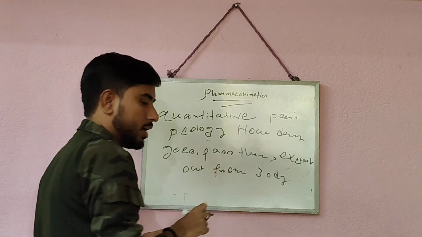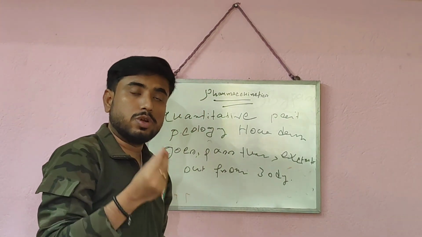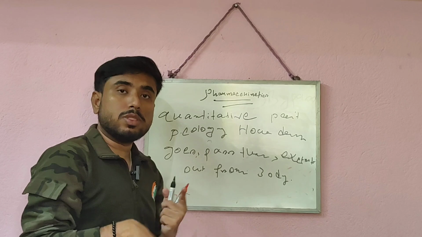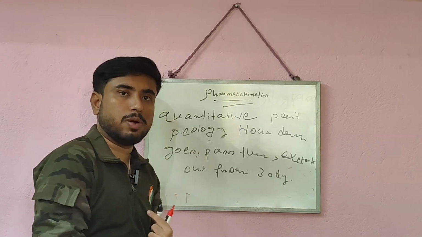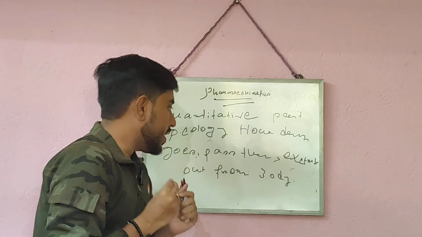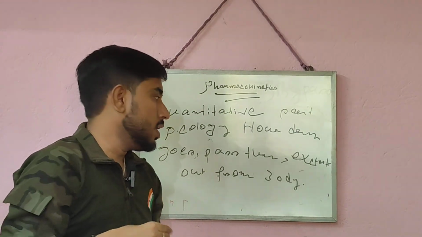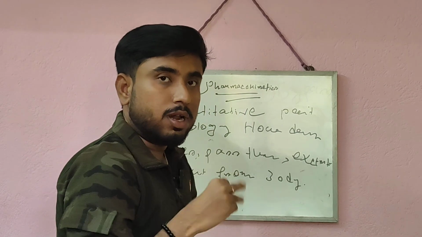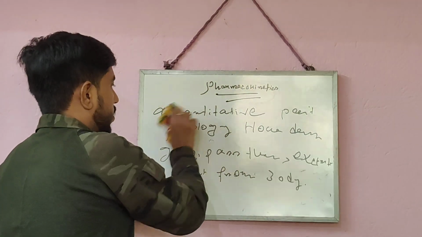So we study how the drug enters, how the drug is distributed in our body, and how the drug goes through different kinds of chemical reactions in our body, which we call metabolism. Then the part which is not required for our body is excreted out through different routes of elimination, which we will discuss in this class only in short.